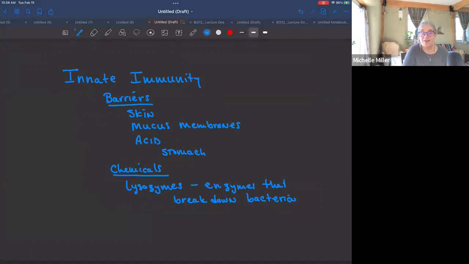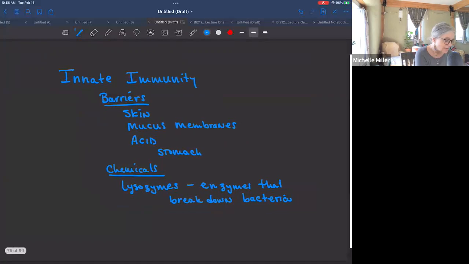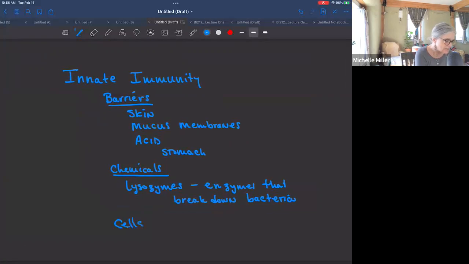Okay, so we also have within our body some cells that have innate immunity. And so many of these cells are what we call phagocytes. And an example of a phagocyte would be a neutrophil and a macrophage.